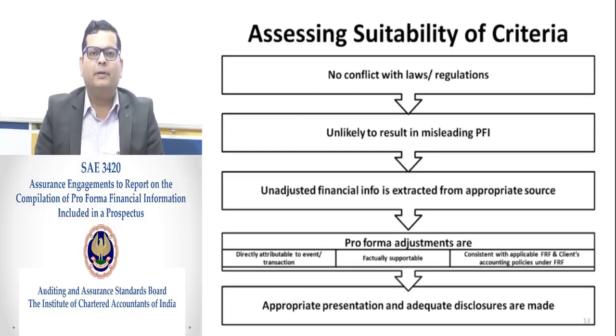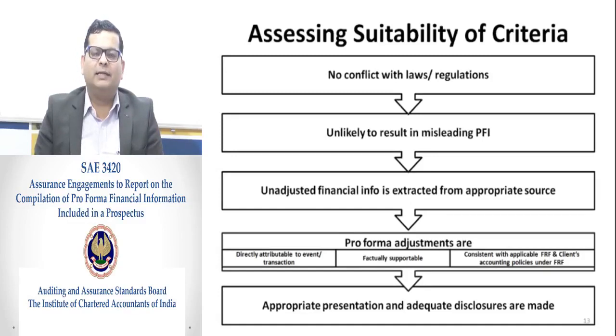For example, suppose entity A has prepared its Ind AS set of financial information for 18-19, and, in a prospective acquisition, entity A plans to acquire entity B from 1st May 2019, and in the past entity B has prepared its financial statements as per Indian GAAP.